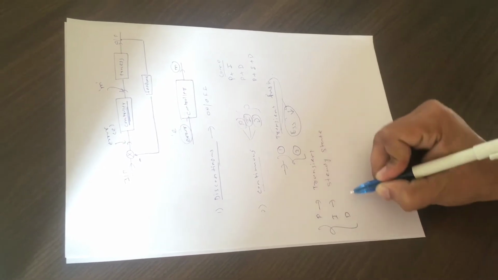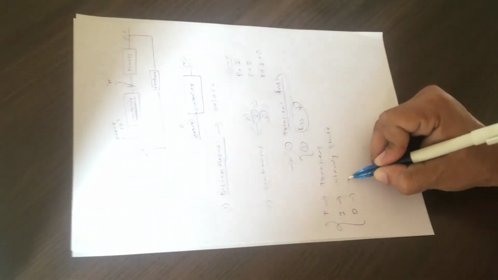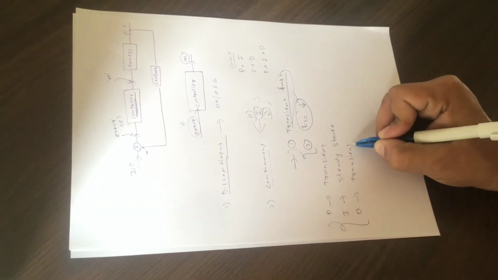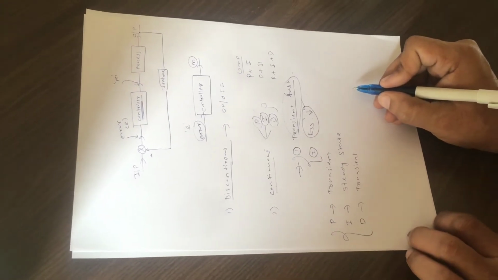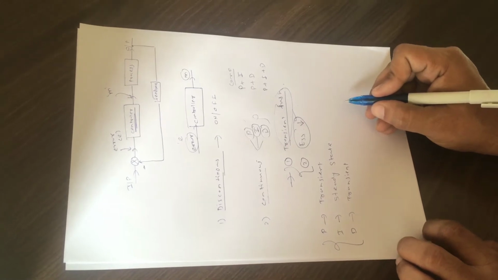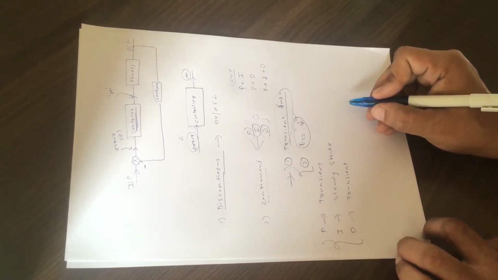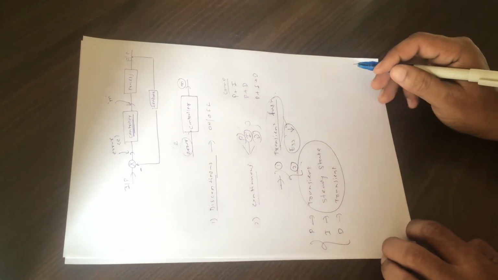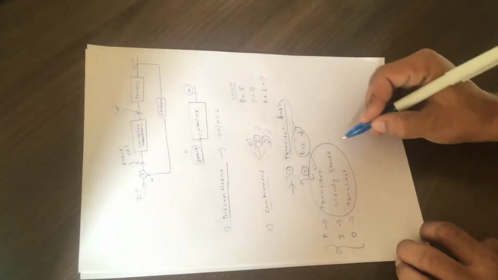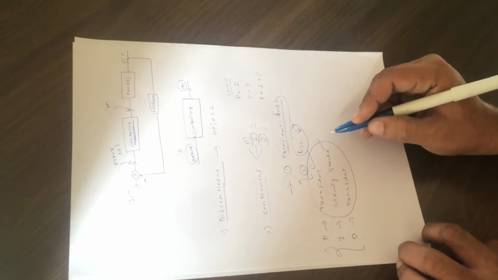Then derivative is also good in transient behavior when the loads on the system are changing. What is meant by loads we will recall once again in today's laboratory. So if you observe these three actions, a certain action is good in transient, a certain action is good in steady state. So what is our task?